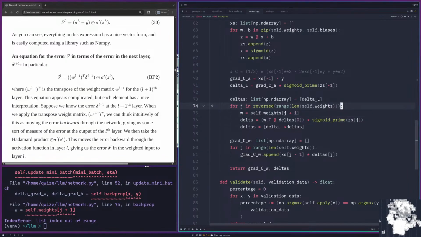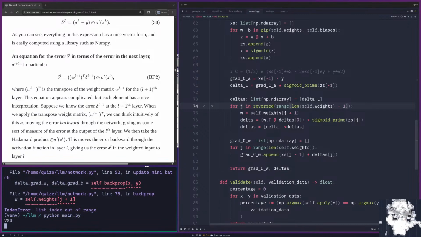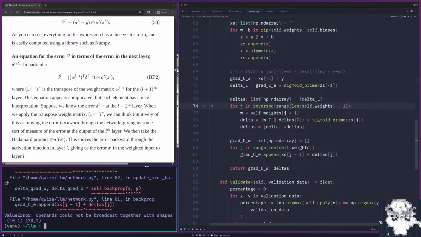And then I want to not do all of them. So len minus 1. This is a new error, so we got past that part.